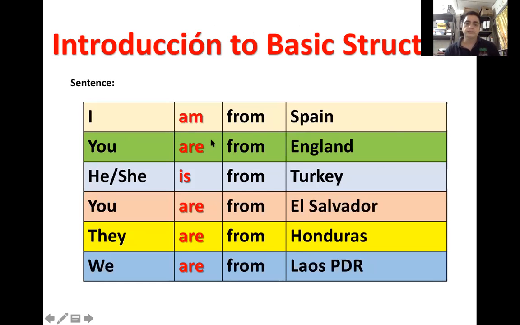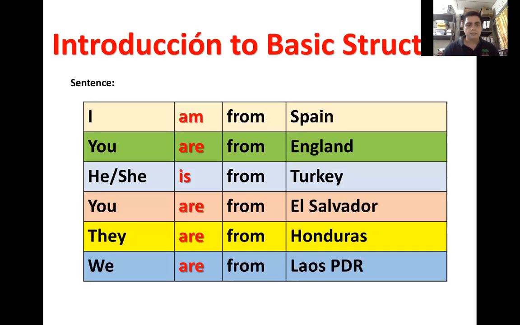As a second person, you are from England. As a third person, he is from Turkey. As a fourth, fifth, and sixth, we use are. So basically, the first and third person are different, and the second, fourth, fifth, and sixth are the same.